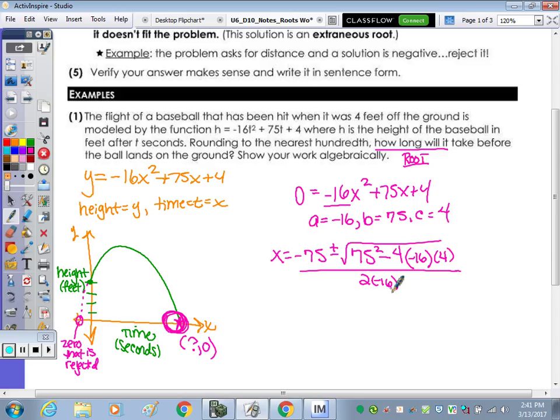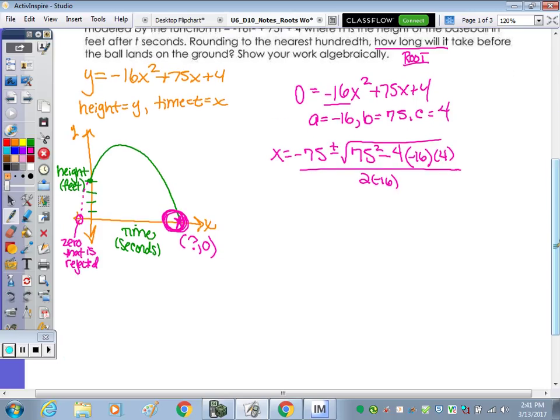So why don't you find the number underneath your radical? What is the number underneath the radical? 75 squared minus 4 times negative 16 times 4. So x equals negative 75 plus or minus.